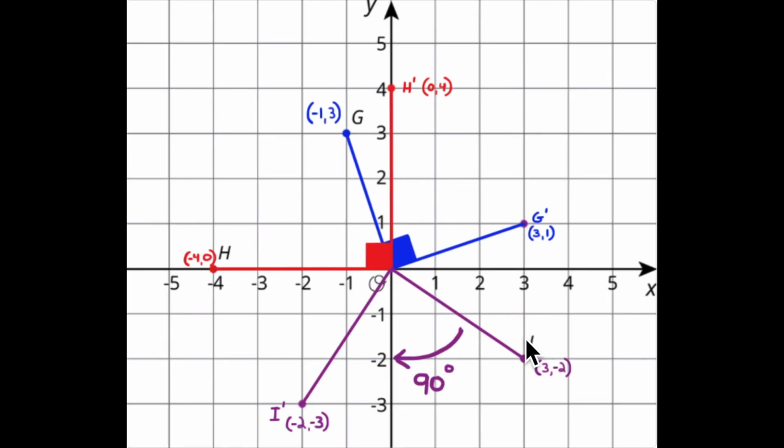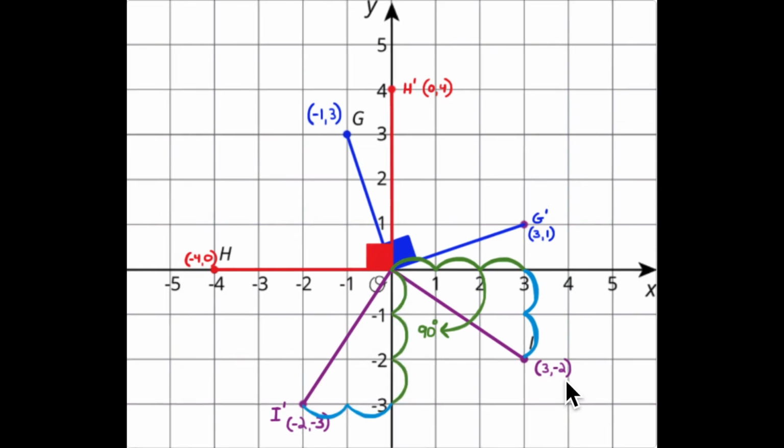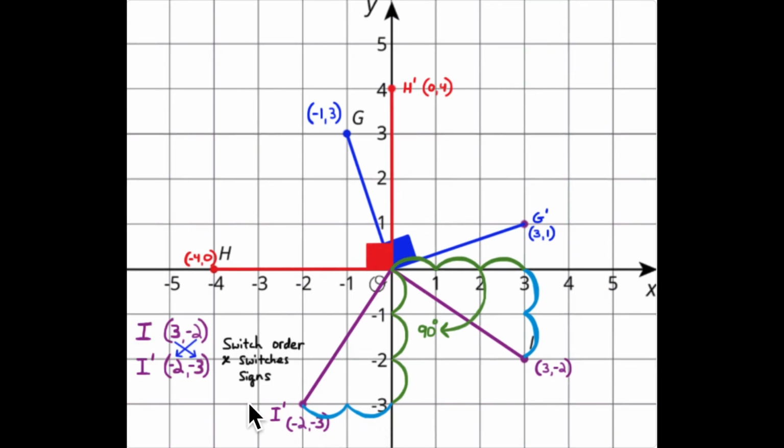And the last one, I to I prime. I'm going to count along the x-axis, +3, and along the y-axis, -2. So this is at 3, -2. I'm going to rotate this 90 degrees and count down 3, 1, 2, 3, and along the x-axis, a -2. So notice again that the coordinates switch places, so this x-coordinate becomes the y-coordinate, and it switches signs.